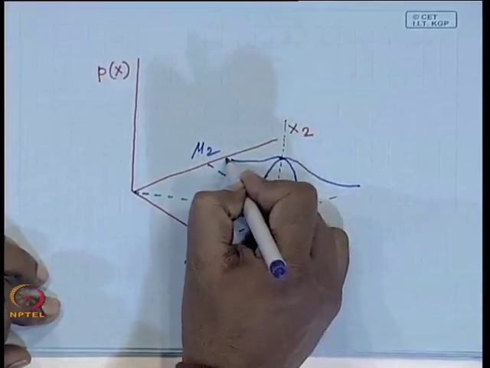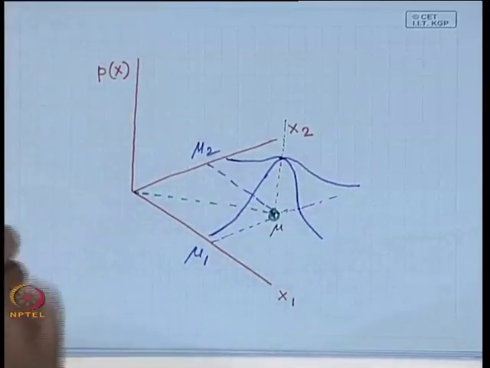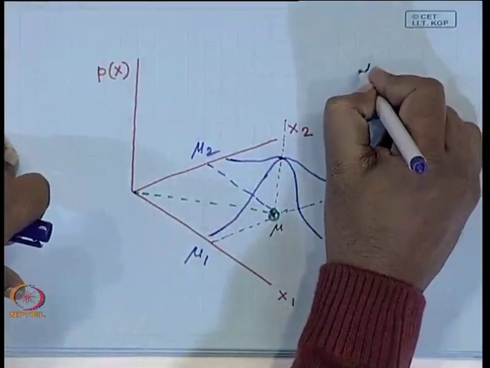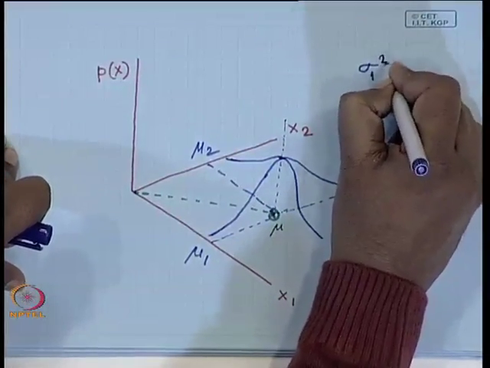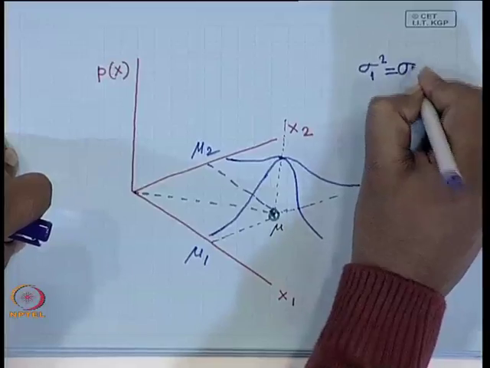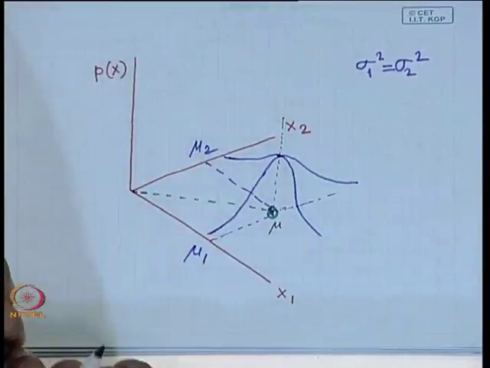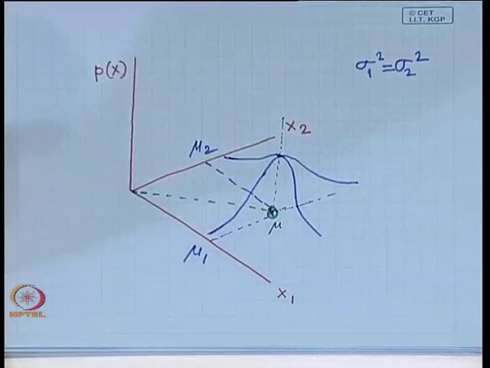And if it is a single Gaussian, let me take a simplified case, that sigma 1 square is equal to sigma 2 square. That means the variance along x 1 and the variance along x 2 are the same.